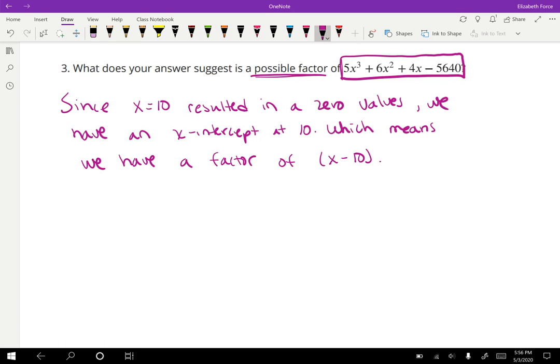This is one of several possible factors for that function, 5x to the third plus 6x squared plus 4x minus 5,640.